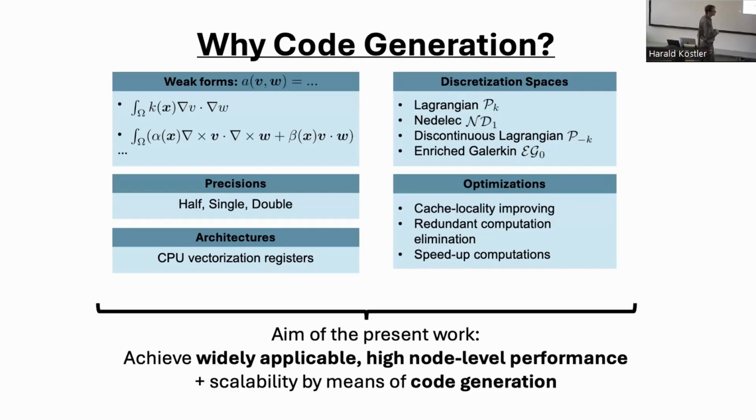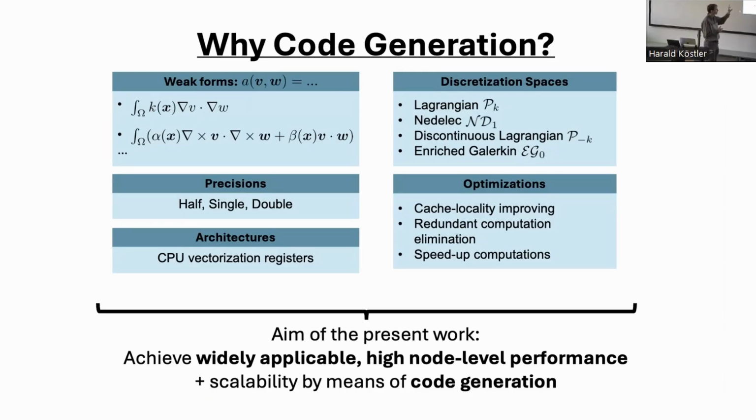And the question is, of course, why do you want to use code generation here? Because again, we have a lot of different parameters. So first of all, we have different weak forms, so different PDEs that we want to solve and optimize for. We have maybe different precisions, half, single, double. We have different architectures.